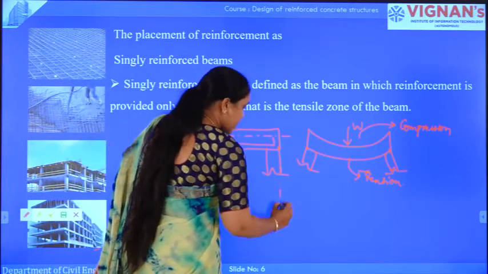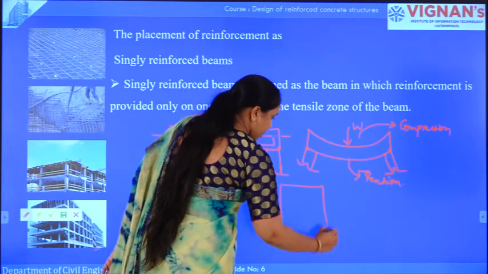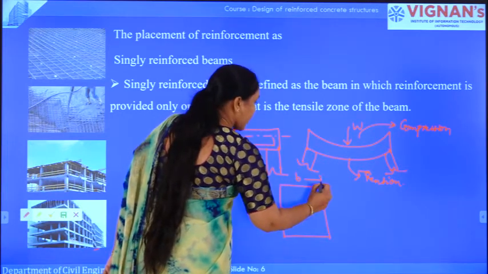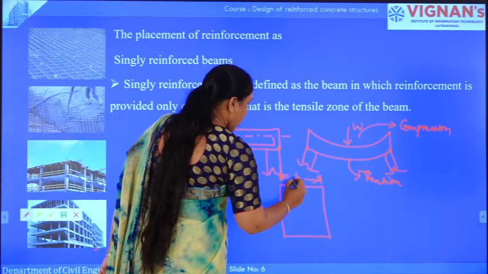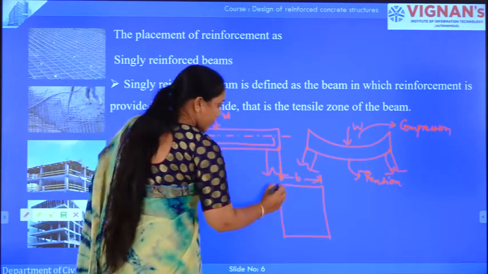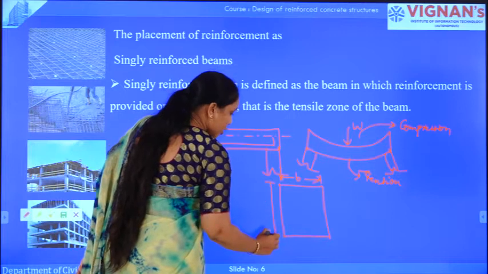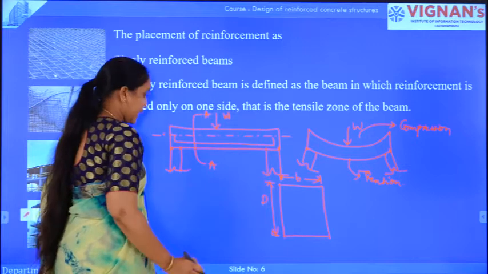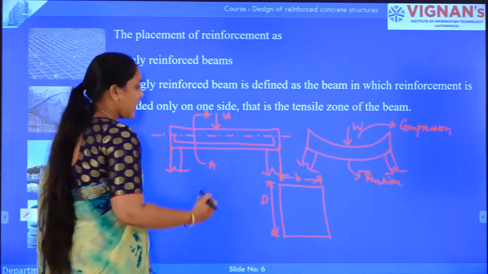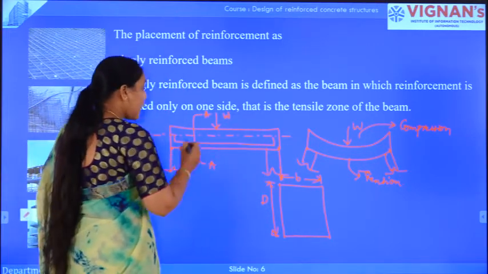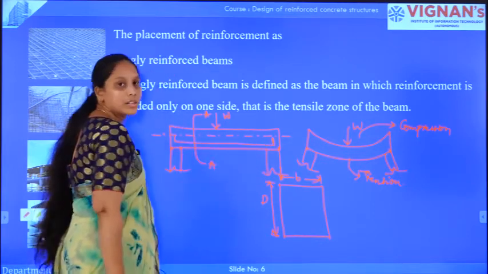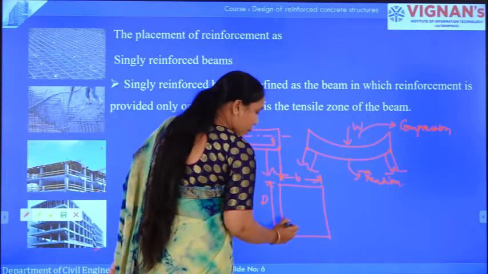What will the section look like? How will it be? This will be the breadth or the width of the beam, and this is going to be the overall depth, that is D, of the beam. And what I have told you is that the reinforcement is provided in the tensile zone. So, here I am going to provide the reinforcement.